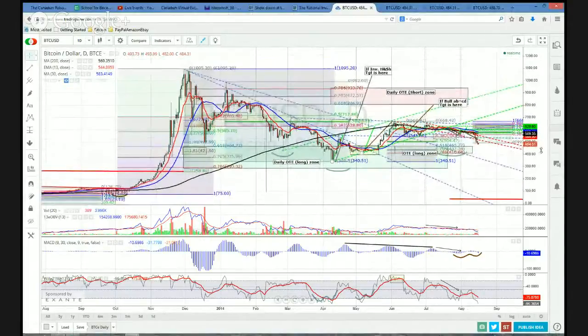So here is our daily Bitcoin chart over the past year. A good technician should really mark up the chart, which is one reason why I like to use TradingView, because you can write lots of stuff all over your charts and save them.